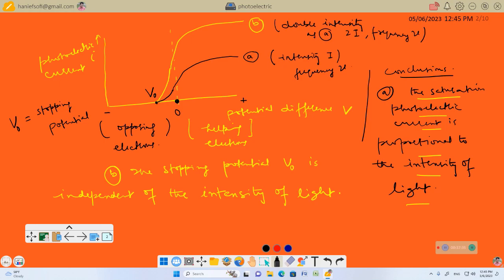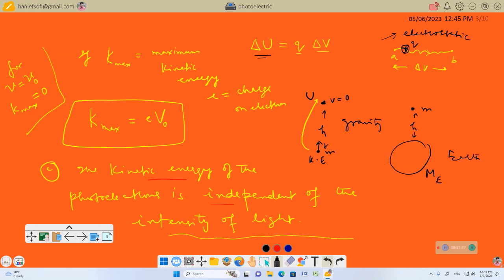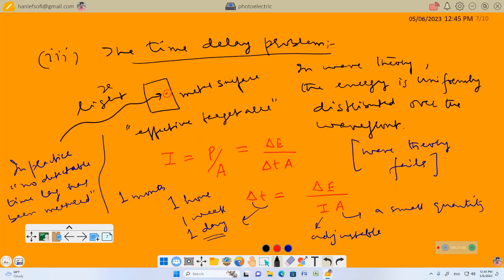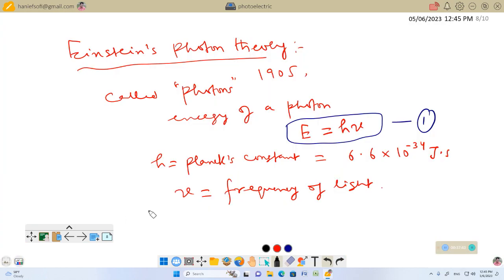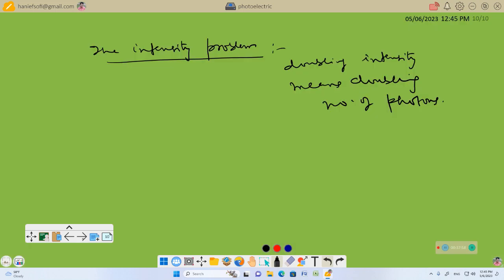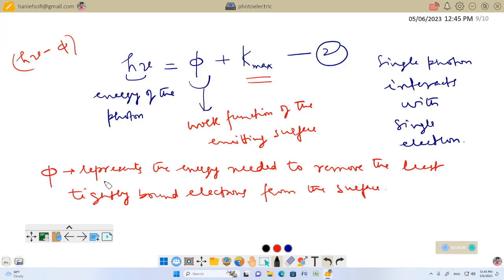But we are not changing the energy of a photon, because remember, according to this photon theory, energy is equal to h nu. So when we are doubling the intensity, we are not changing the frequency. Hence, we are not changing the energy possessed by a photon. When we are not changing the energy possessed by a photon, we are not changing the kinetic energy.